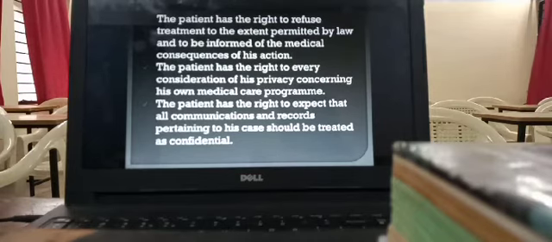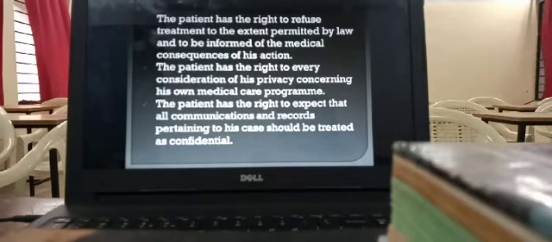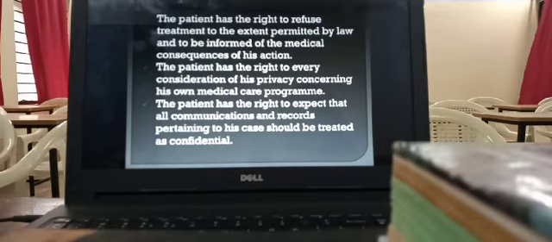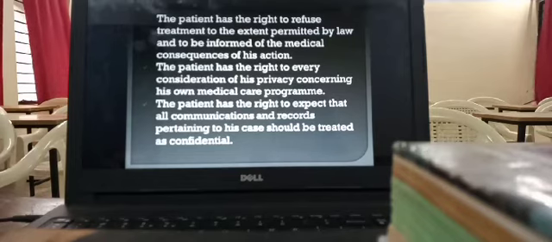Next, the patient has the right to refuse treatment to the extent permitted by law and to be informed of the medical consequences of his action. So in any case, we cannot force anybody to take treatment if the person is not willing. The patient has the right to refuse the treatment.